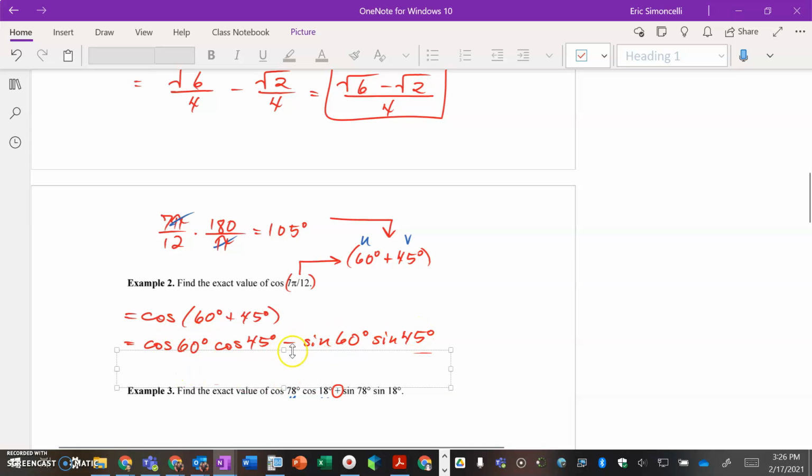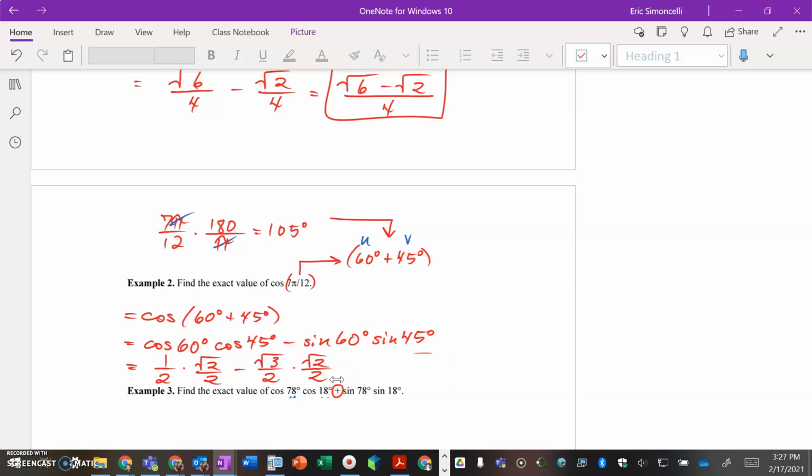The cosine of 60 is easy enough, thinking of the unit circle. There it is, a half, as is the cosine of 45, root 2 over 2. The sine of 60, not so bad, root 3 over 2. Remember, the y-coordinate is what sine is, while cosine is the x-coordinate of those respective unit circle angles. And lastly, sine of 45, there it is, root 2 over 2.